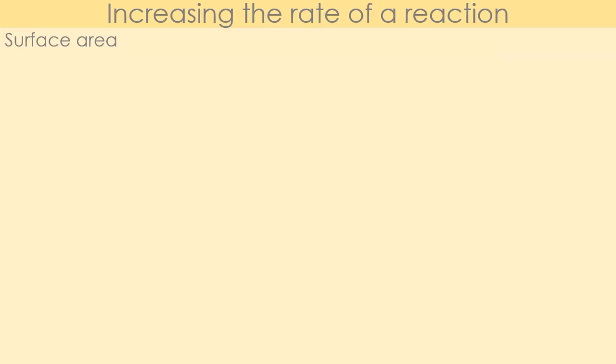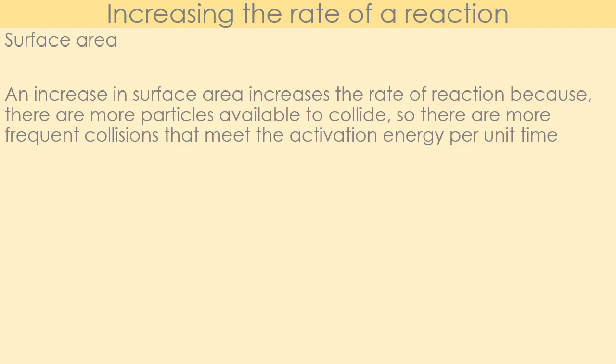So first off, we're going to look at surface area. So if we increase the surface area, so the outside area of the reactants, that increases the rate of reaction because there are more particles available to collide, so there are more frequent collisions that meet the activation energy per unit time.